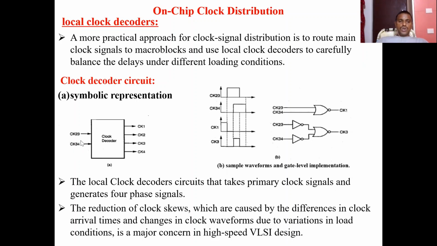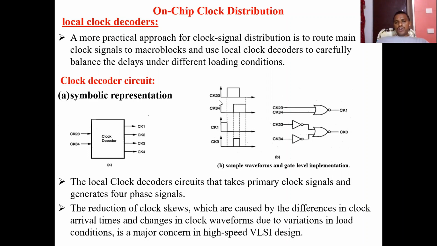So these two are called primary clock signals, and they will generate the different clock signals, that is 4 clock signals. That's why it is called a decoder, a 2:4 decoder clock generator. Here we have simple waveforms and gate level implementation, showing how you can implement this decoder using this diagram. Next we have the different clock signals that are generated from this clock decoder.